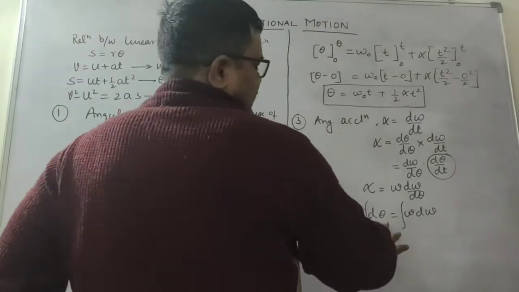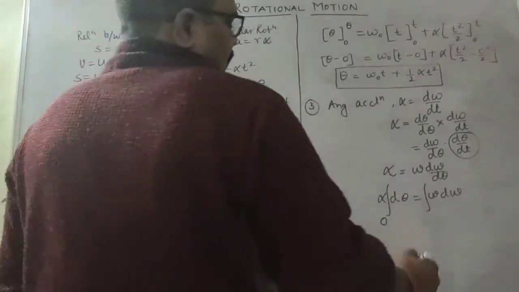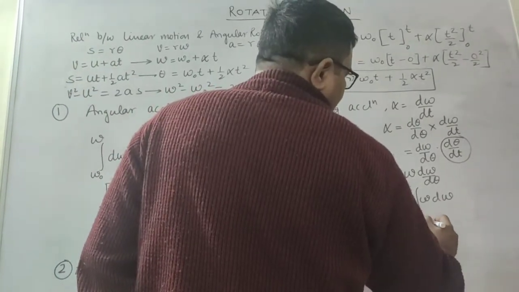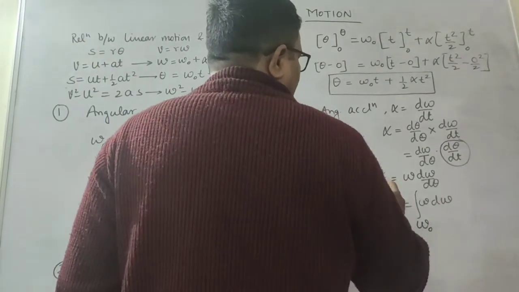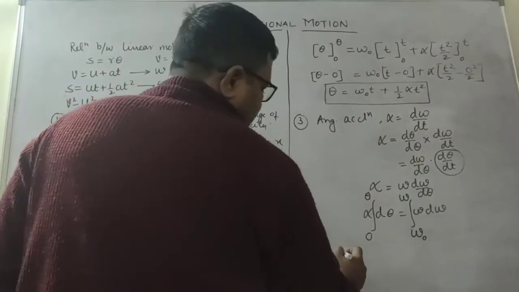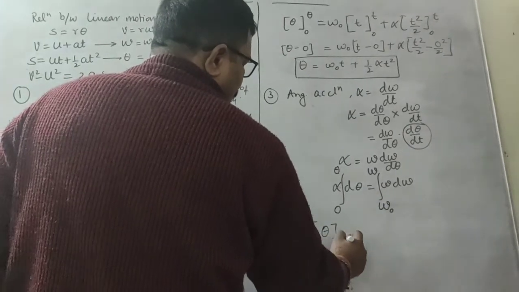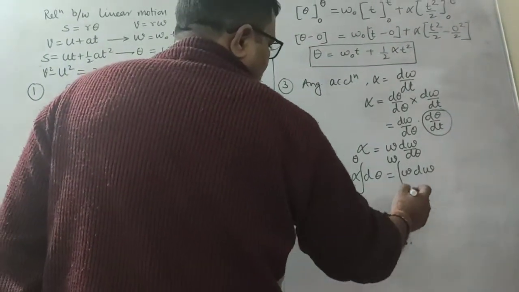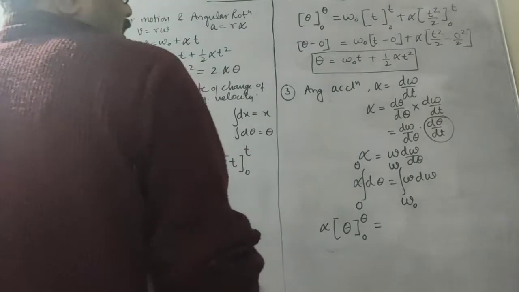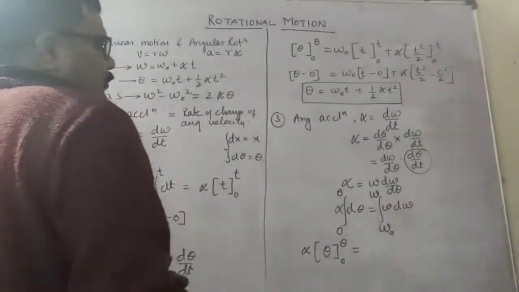Here the variable is theta and here the variable is angular velocity, it's not time here. So at 0 displacement, velocity will be initial; at theta displacement, velocity will be omega. Now integrate it. Alpha, integration of d theta is theta, from 0 to theta. Integration of omega d omega, I cannot take omega outside because omega is a function of the variable d omega.